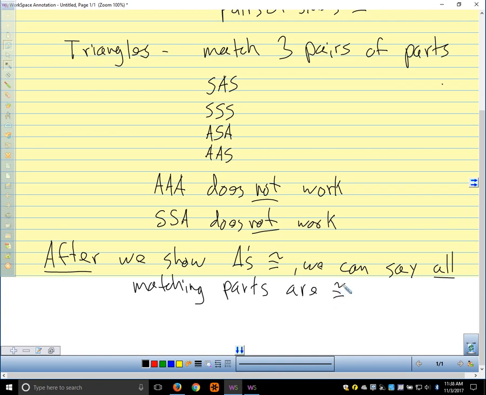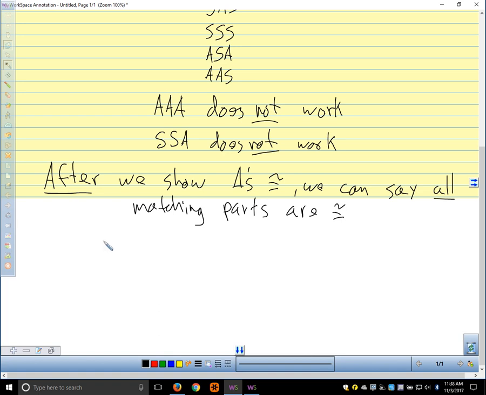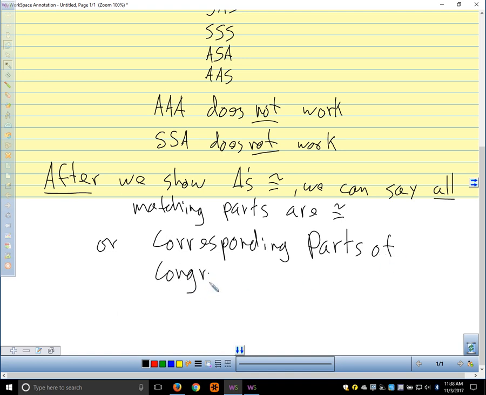So we use 3 pairs of matching parts to show that they're congruent. Well, once we know that, then we know all the rest of them are congruent also. And the way that we say that is that corresponding parts of congruent triangles are congruent.